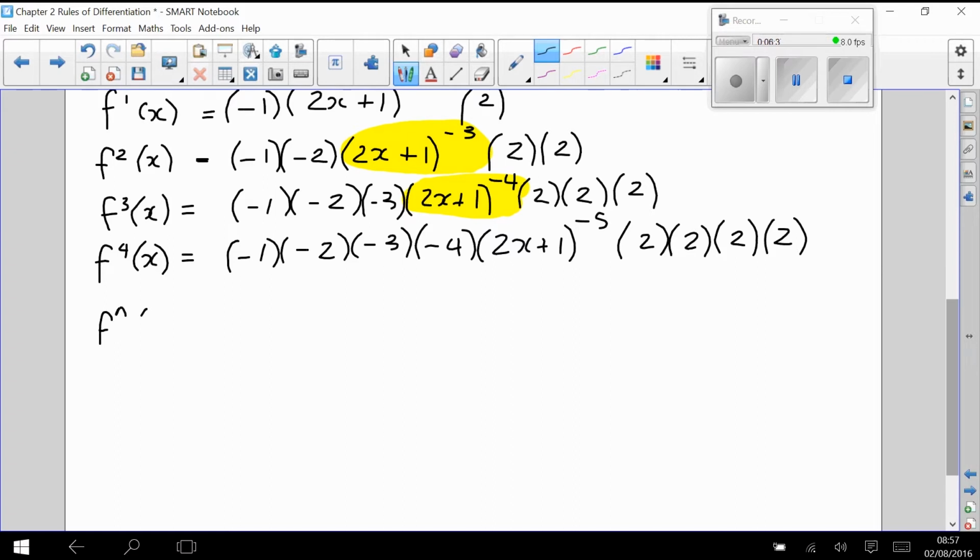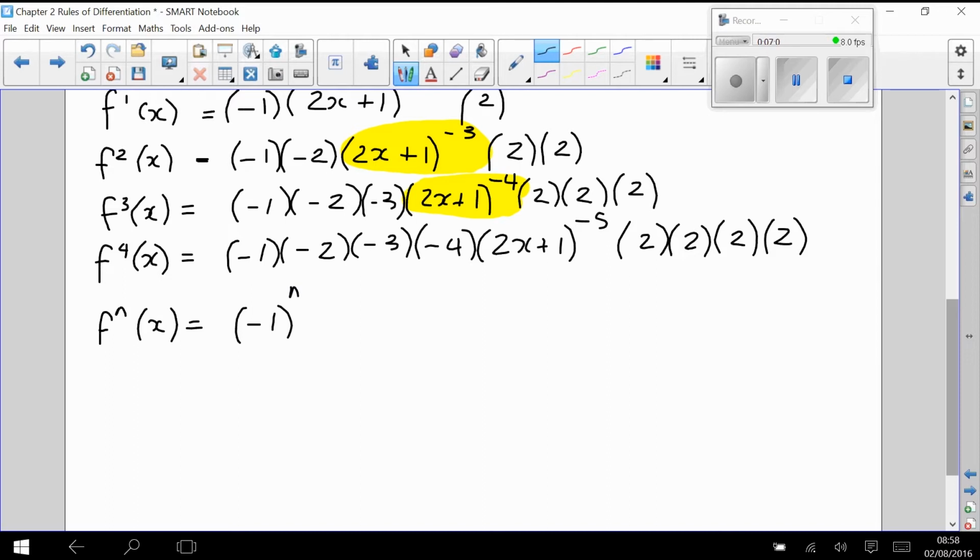So if I want the nth derivative, I must clearly have n minuses. Now if I take the minuses out and represent them as a minus 1 on their own, I'm just left with the factors of 1, or 1 times 2, or 1 times 2 times 3, or 1 times 2 times 3 times 4.